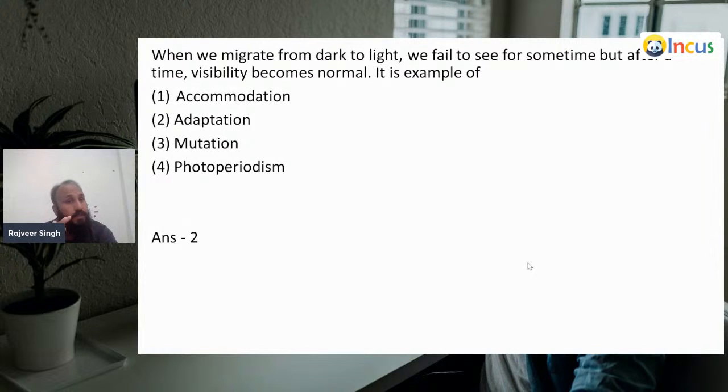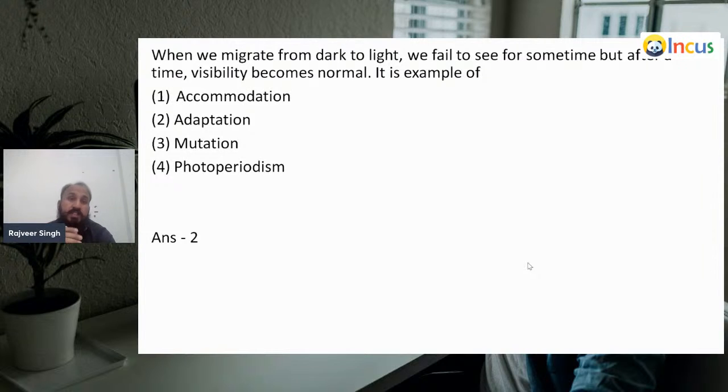Next one, this is a conditional question. When we migrate from dark to light, we fail to see for some time, but after a time, visibility becomes normal. It is an example of what? Accommodation, adaptation, mutation, photoperiodism. The answer will not be photoperiodism, because this phenomenon we can see in plants, not in animals, so this option will be eliminated.